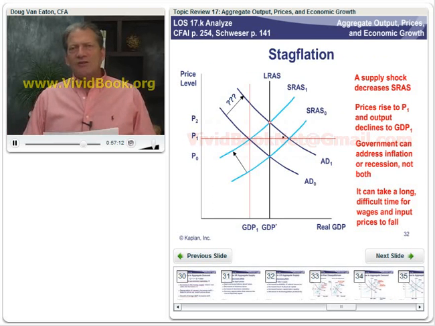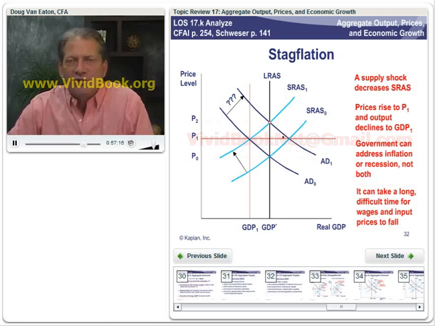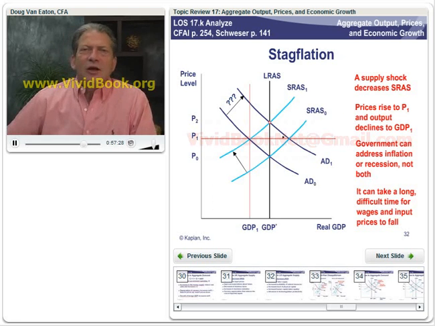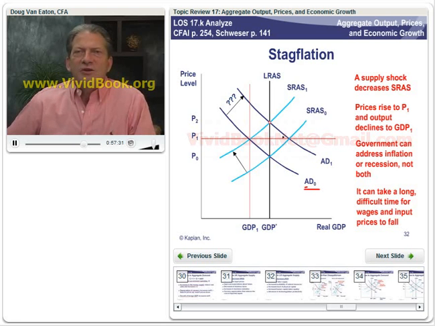And stagflation, well, that's just two words put together, right? Stagnation and inflation. Stagflation says the economy, growth-wise, is doing poorly, but we still have inflation. So it's just like we saw in that last slide, but now a supply shock.